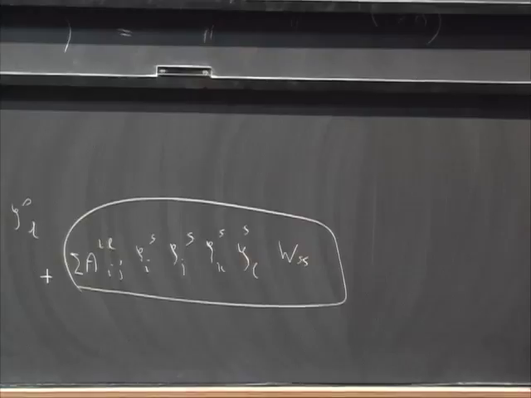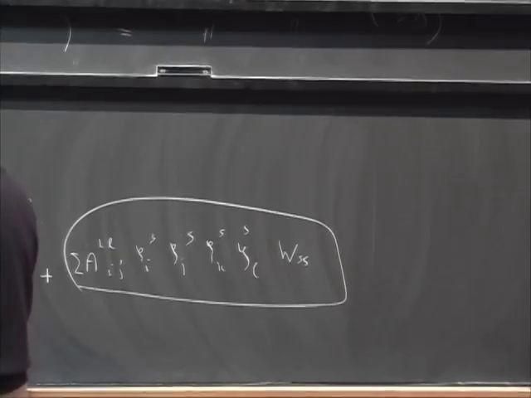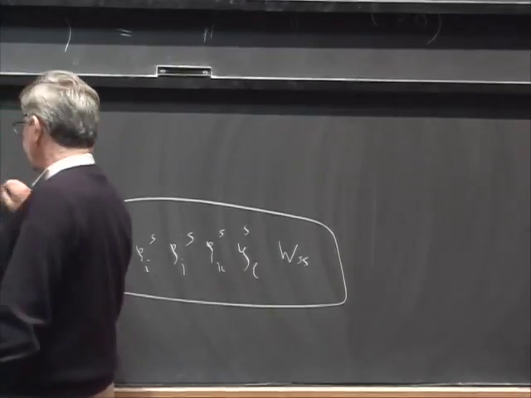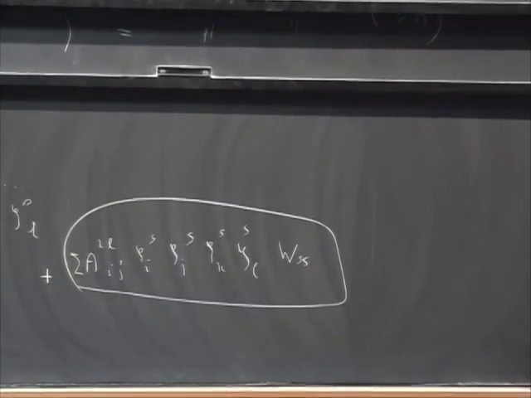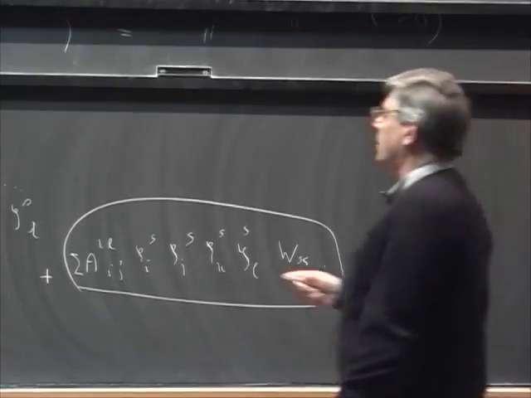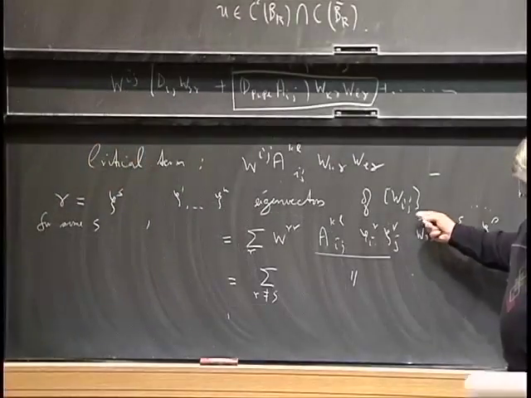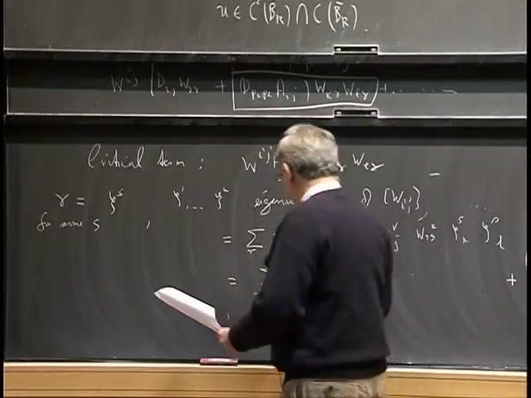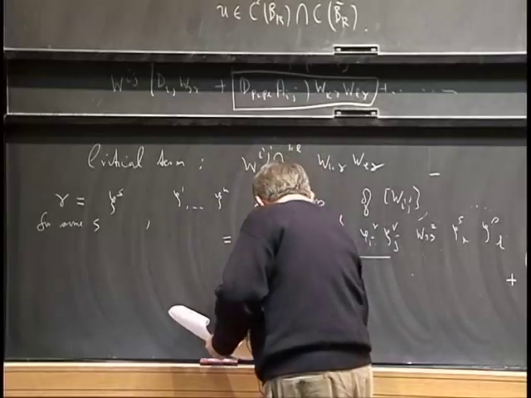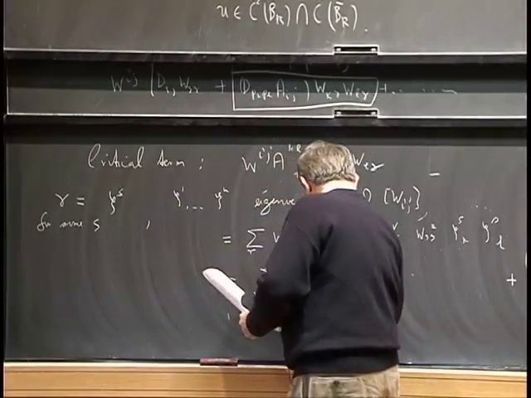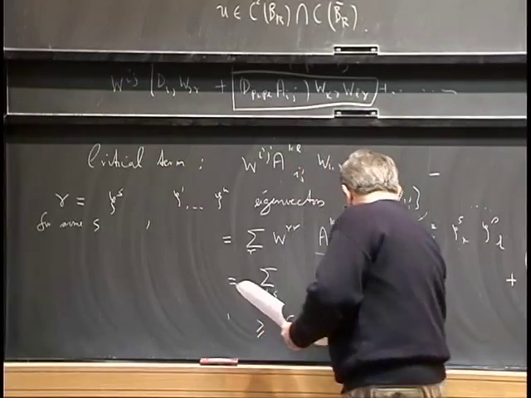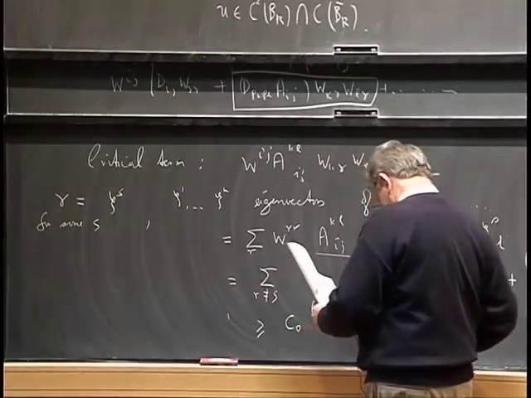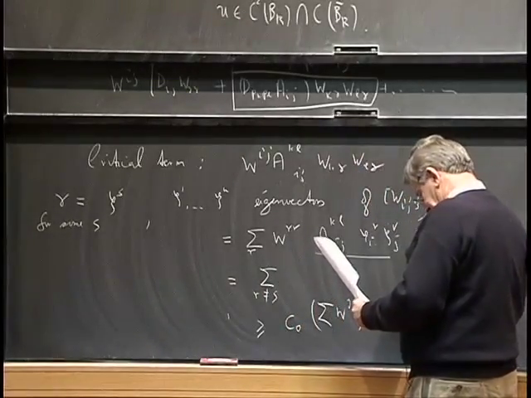How do I control this? Well, we've got a sort of form here. It's an AKLIJ, psi I, psi j with an R there, and a psi k, psi L with an S there. And I know that if R is not equal to S, then these eigenvectors are orthogonal. So I can say straight away that this is going to be greater than or equal to some constant C0 times the trace of this WII, so sigma WII, times WSS squared minus dots.